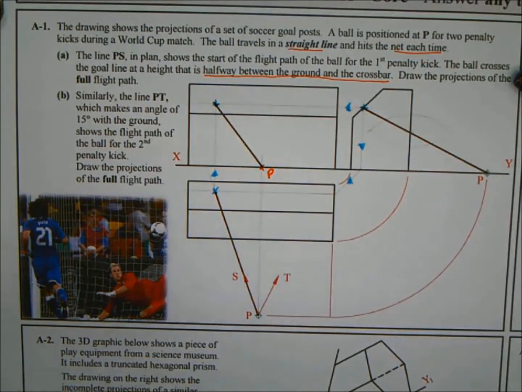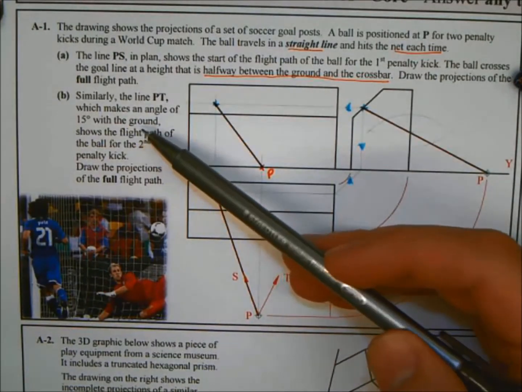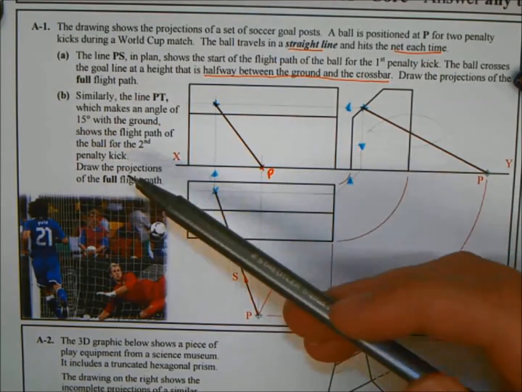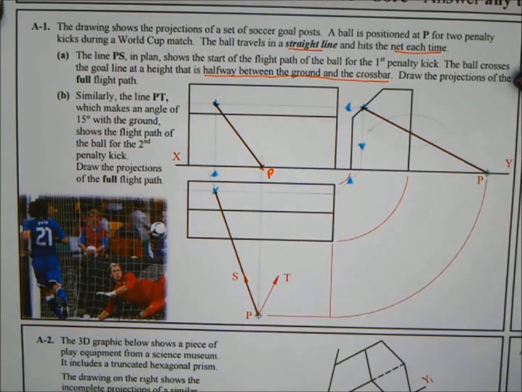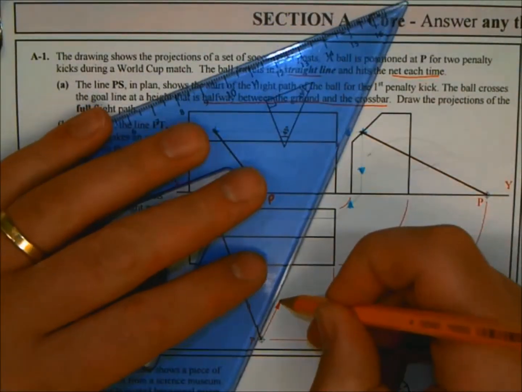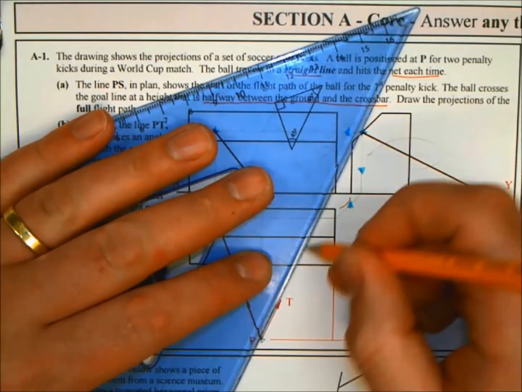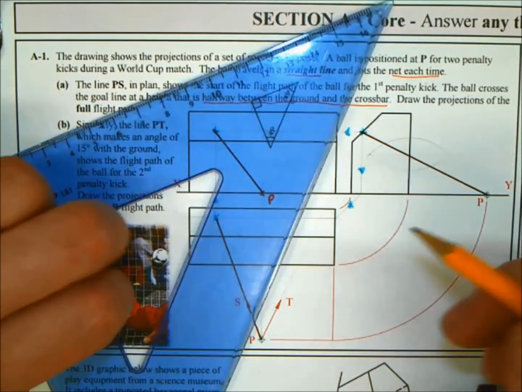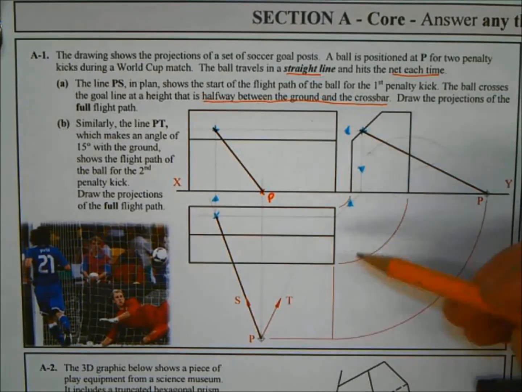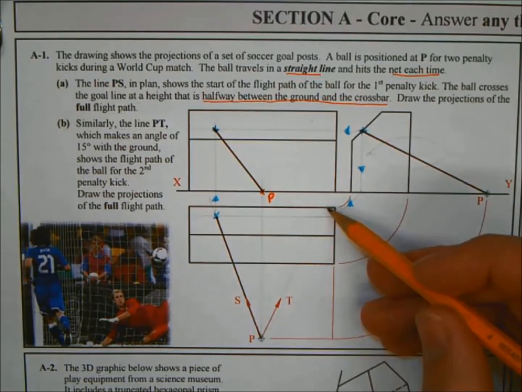Now next one. Similarly, the line PT, which makes an angle of 15 degrees with the ground, shows the flight path of the ball of the second penalty kick. Draw the projection of the full flight path. So again, let's extend this one just to start off. Let's say our goal from T hits the back of the net here.